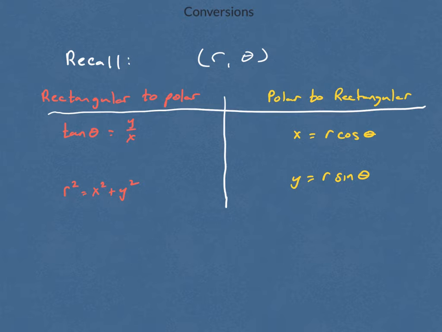But the other conversion is to go from polar to rectangular. Now we're given this point in r, theta. The x coordinate is going to be r cosine theta, and the y coordinate is r sine theta.